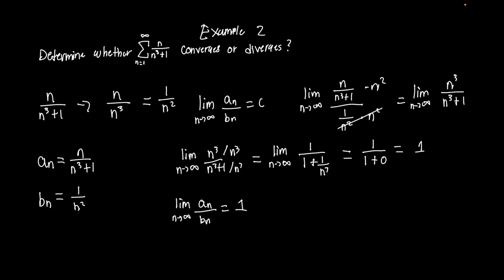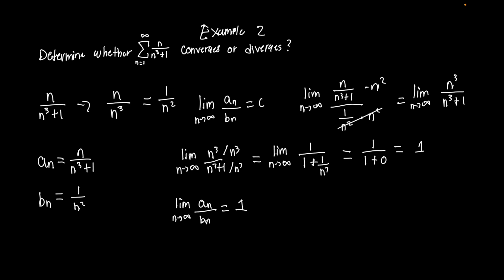Remember the limit comparison test: if the limit of your two terms equals a value between 0 and infinity, then either both of them converge or both diverge. In this case, our ratio was equal to 1, and we know 1 is between 0 and infinity. So both of these converge. And why does it converge?